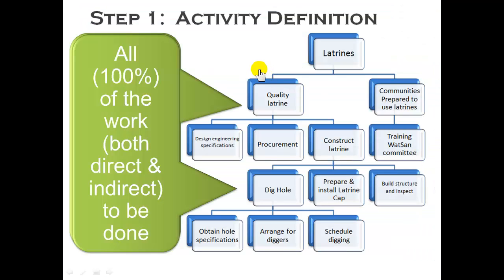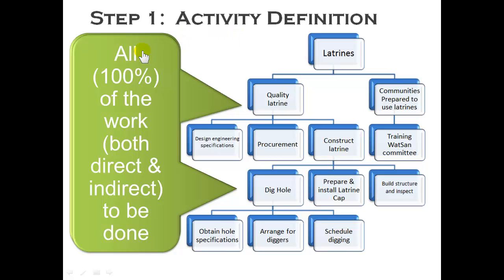So activity definition is the work breakdown structure. And you need to be sure that you remember these two words, that you need to have a work breakdown structure that includes a comprehensive and detailed listing of all of the activities and tasks that are necessary to complete the work.